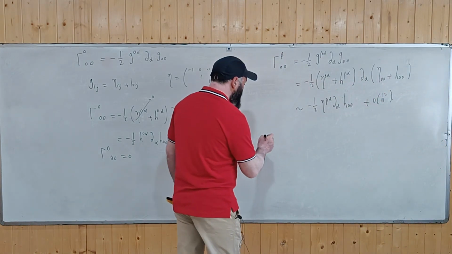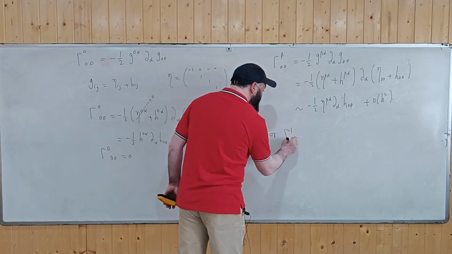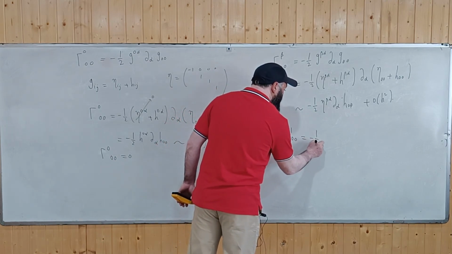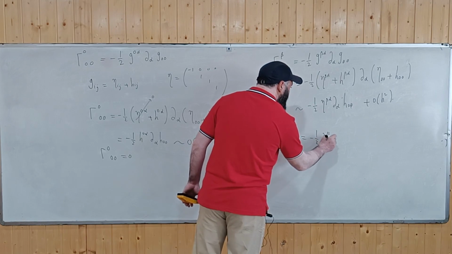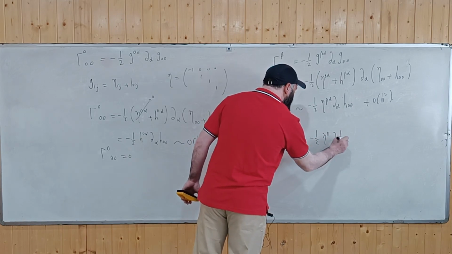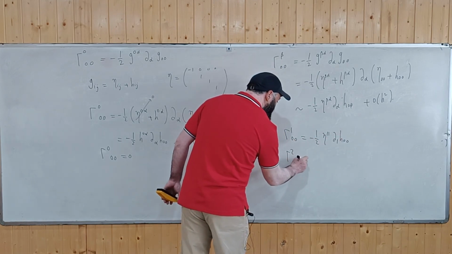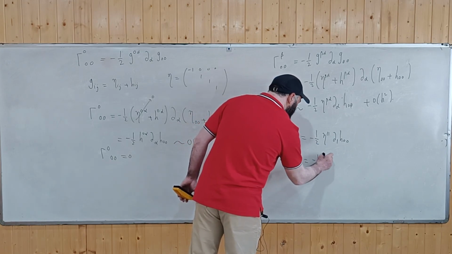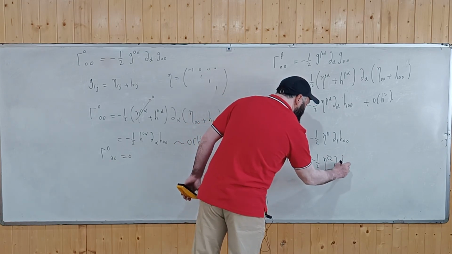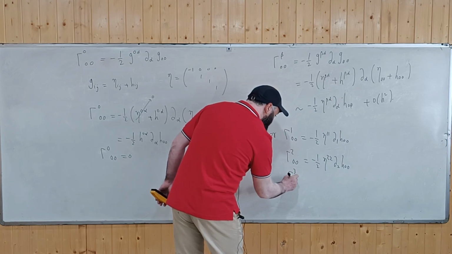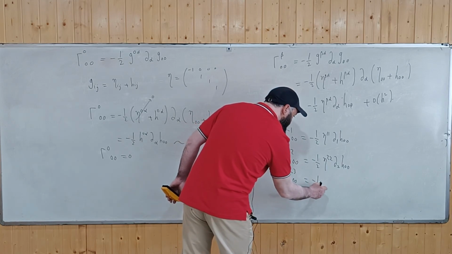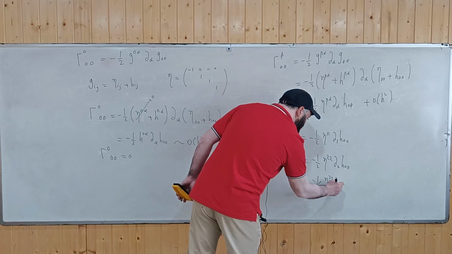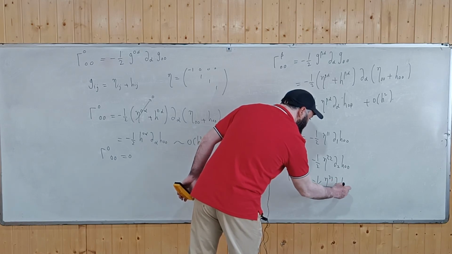What does that mean? I can write like this: gamma 1 0 0 is equal to minus half of eta 1 1 partial 1 H 00, gamma 2 0 0 is equal to minus half of eta 2 2 partial 2 H 00. Then minus half eta 3 3 partial 3 H 00.